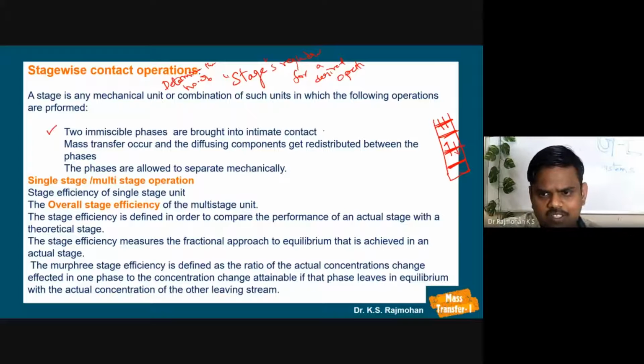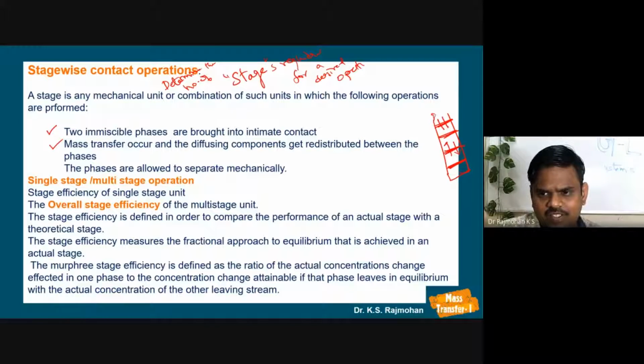Good mixing is to be there, so that we provide better contact between the gas phase and the liquid phase. And obviously the solute will be transferring from gas to liquid or liquid to gas, that is, mass transfer is occurring through diffusion. So the component diffuses and gets distributed between the phases.